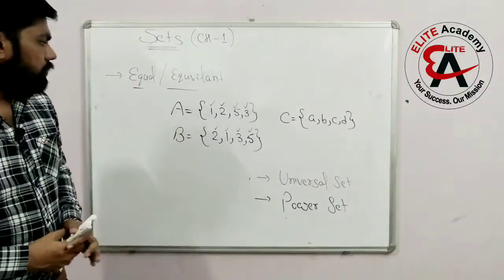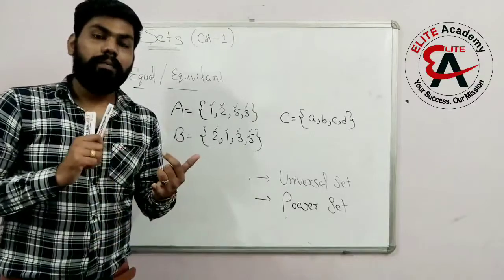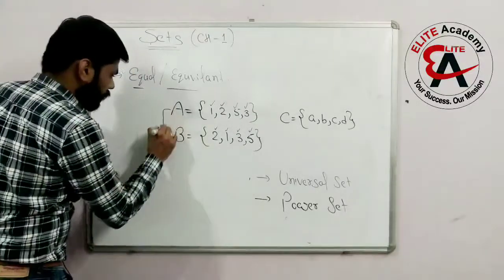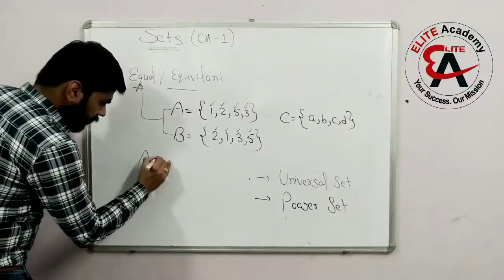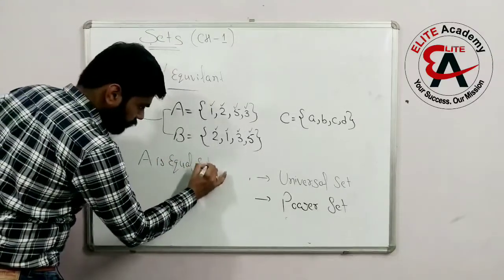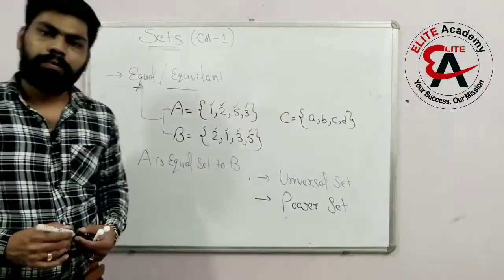So that means जब number of elements same हों और हर एक element की value same हो, then those two sets are called to be equal sets. Here I can say A is equal set to B.